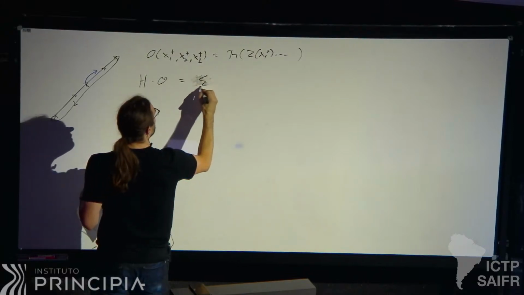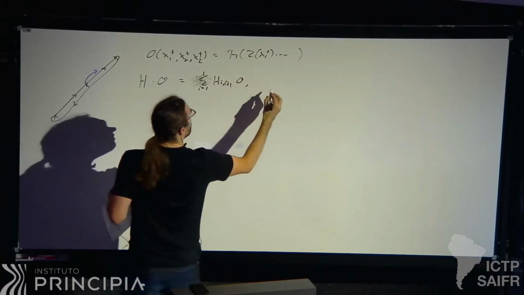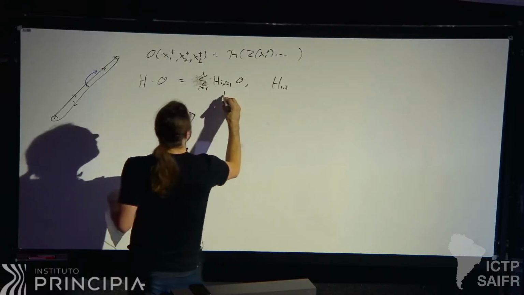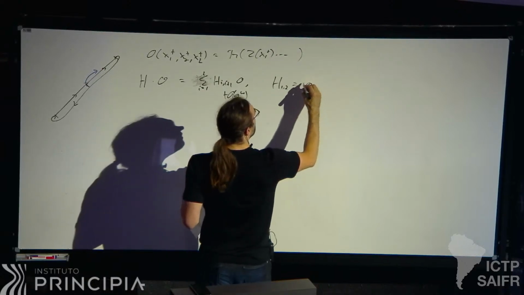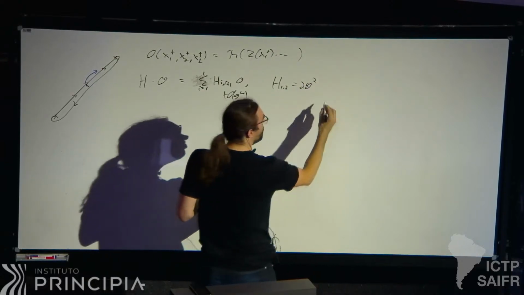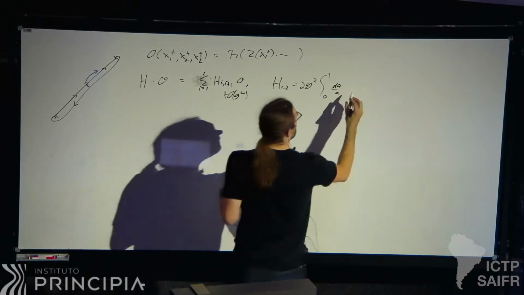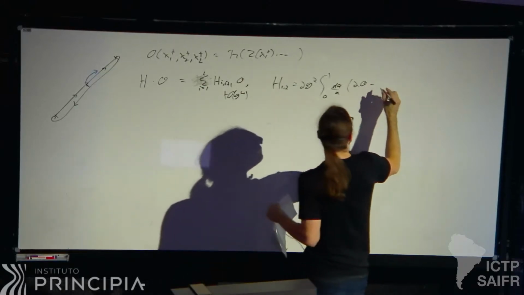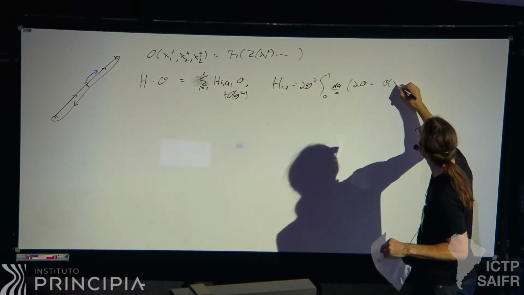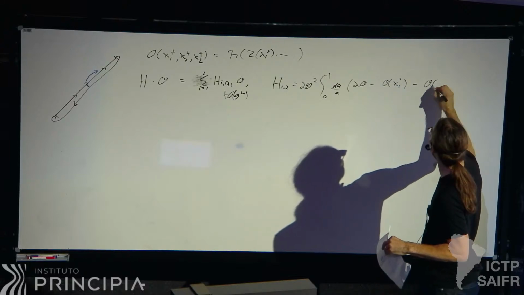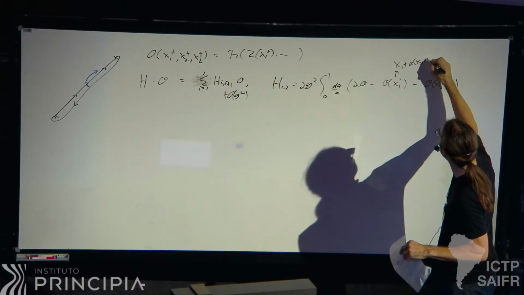So I can write it like this, where, and this is at leading order in the coupling, and this H12 is 2 times the integrability coupling times integral 0 to 1 d alpha over alpha times basically twice the operator minus the operator with x1 prime minus the operator with x2 prime, where x1 prime is x1 plus alpha (x2 minus x1).